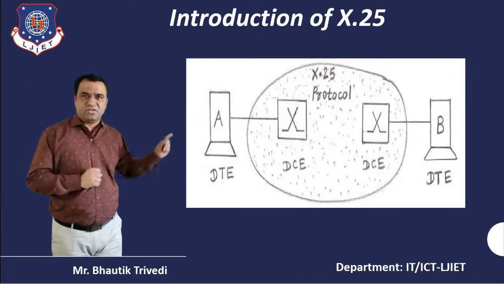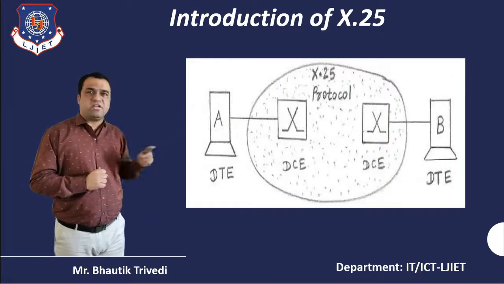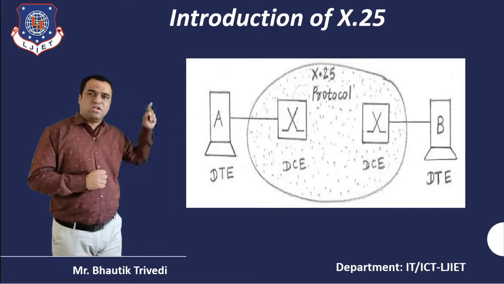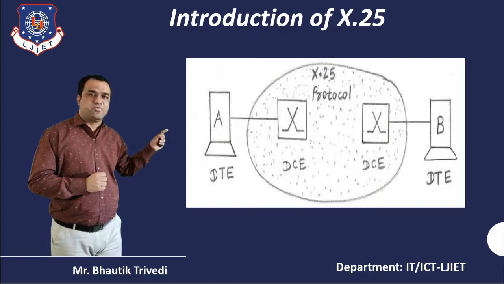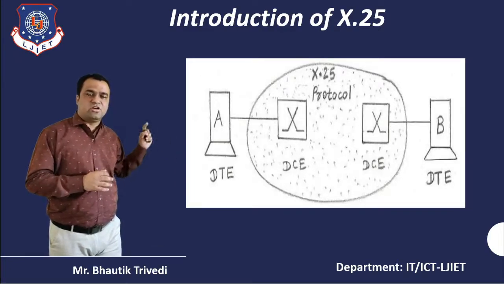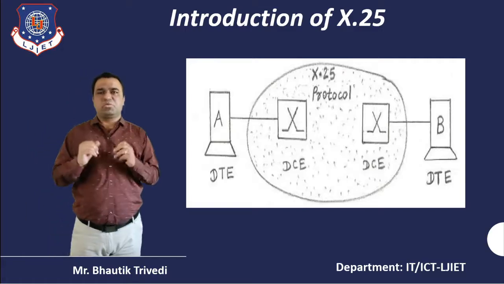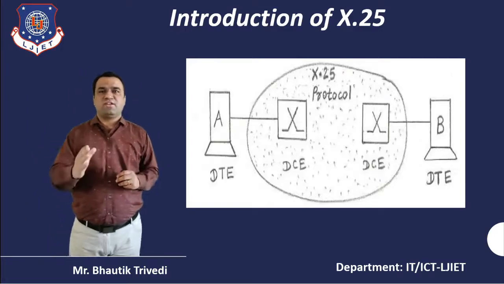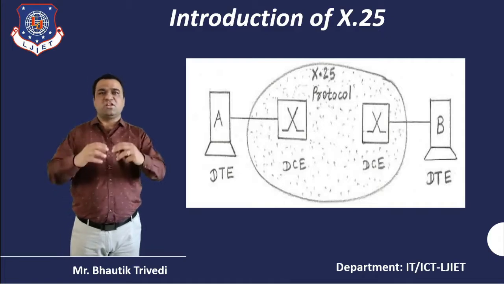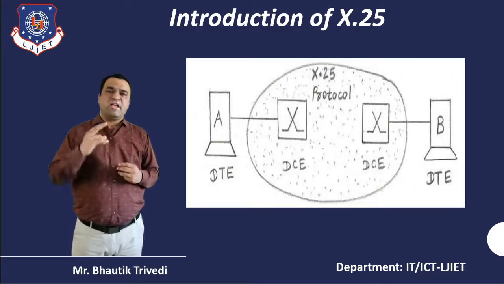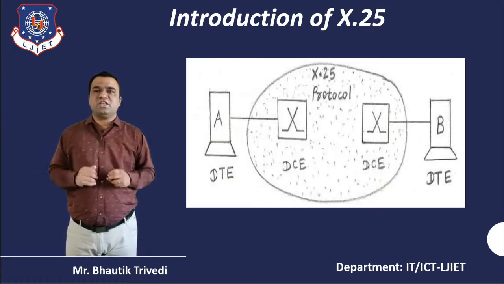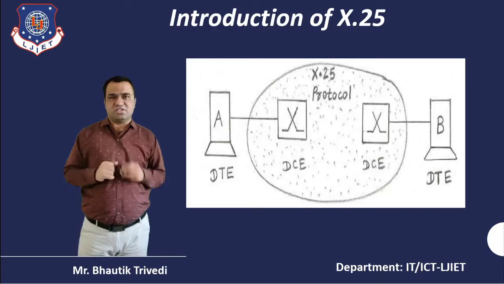In between I directly arrange the X25 protocol, which puts different DCEs between the two DTEs. So up to this point you know X25 is generally used for connection purposes, it is an end-to-end protocol, and it uses two particular components: one is the DTE, the second one is the DCE.